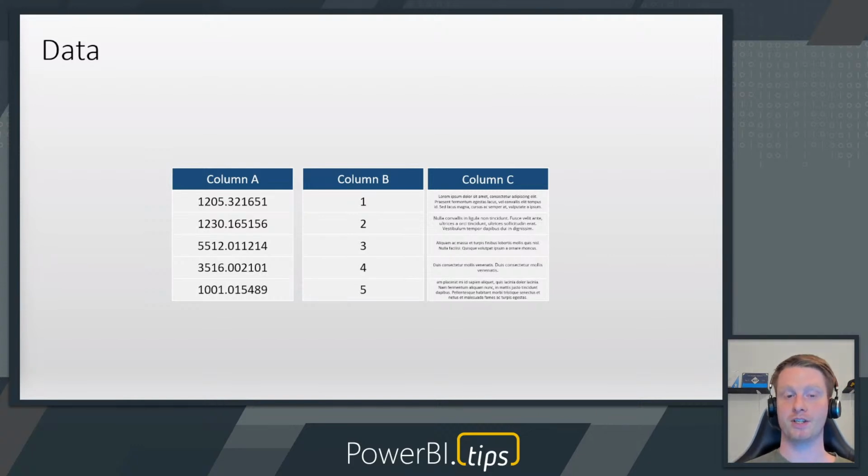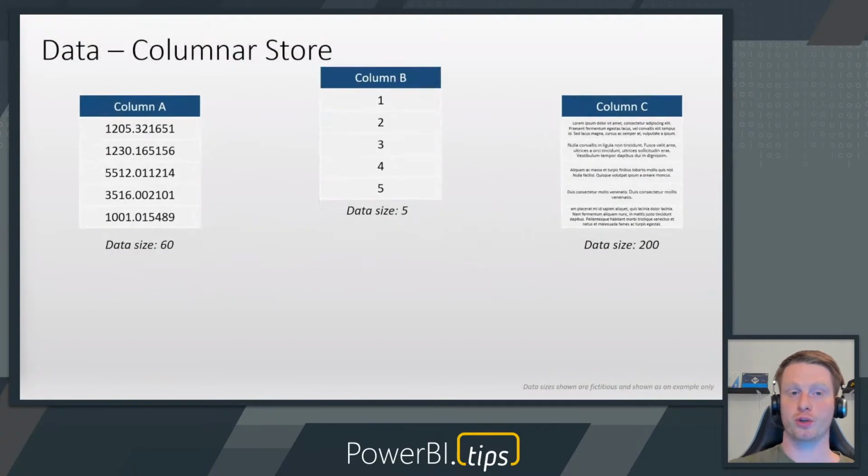You can see, imagine that we have these 3 columns here. Now, Power BI does something called columnar store, right? So instead of storing like we would a CSV, which is a row store, where we store things row by row, Power BI actually, in the background, and VertiPaq, the engine, and when I say VertiPaq, I mean the engine behind the import mode of Power BI, stores things differently.